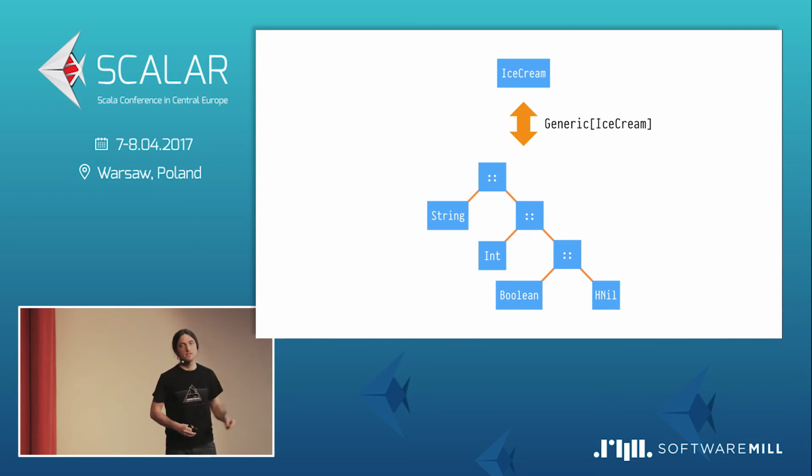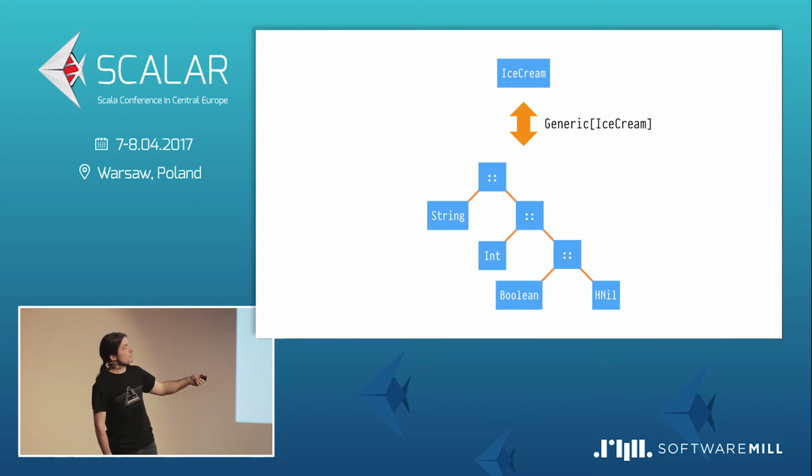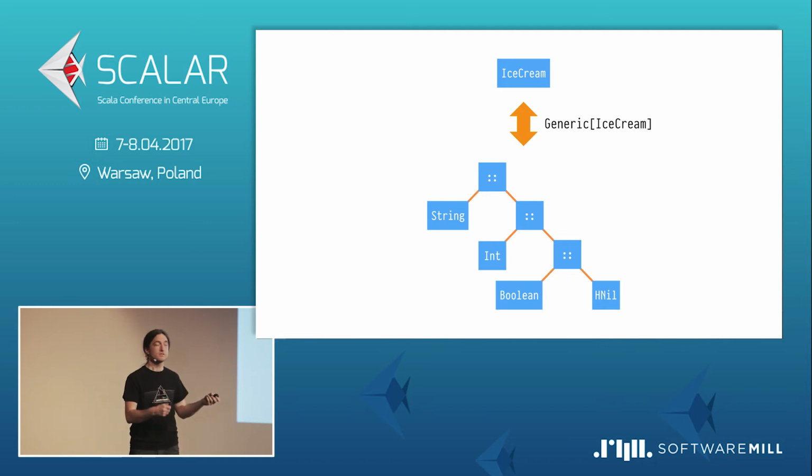And the idea of this big data structure is it splits out all the types into something that we can traverse. More or less, this is called an H-list, a heterogeneous list, but it's a bit like a list in that it's a list of all the fields in the ice cream, but it's also a bit like a set of tuples in that the type of this thing has string, int, and boolean all in it.